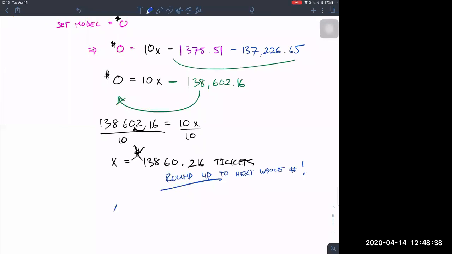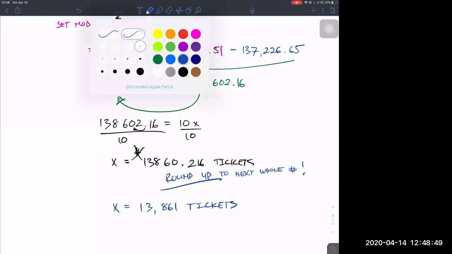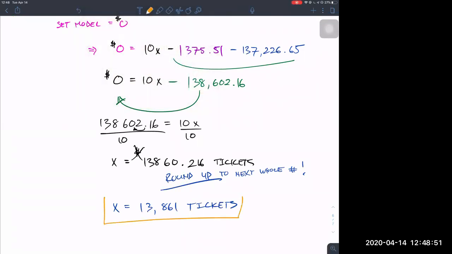So in this case, x equals 13,861 tickets, right? You can't sell 0.216 tickets. And that's your answer there. There you go. This really dug a little further back in terms of the cost and profit, but you can see now how we're combining things together.